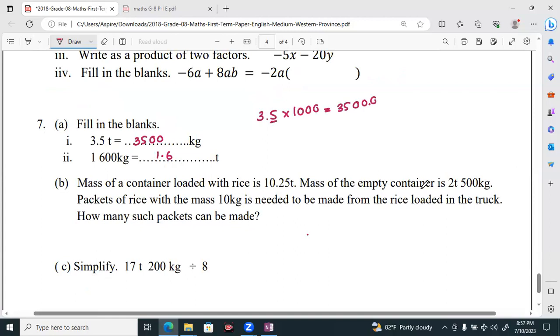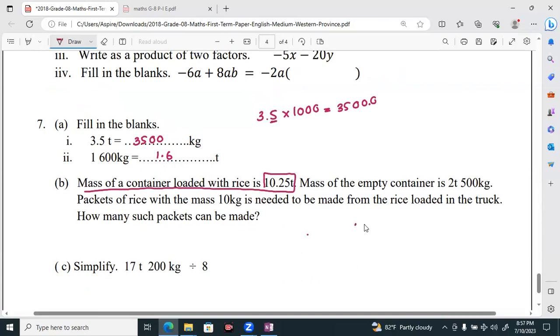A packet of rice with the mass 10 kilogram is needed to be made from the rice loaded in the truck. How many such packets can be made? First of all, identify the mass of the rice within the container. Mass of the container loaded with rice is 10.25 tons.